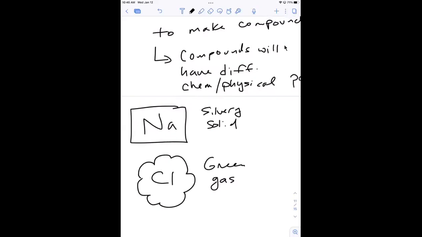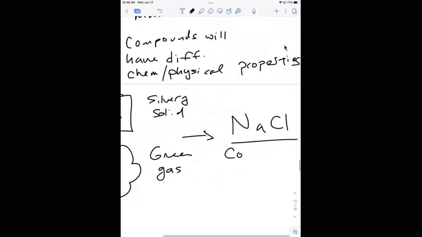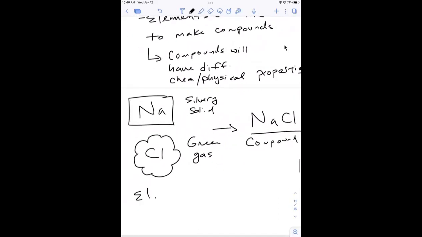This is not a compound. These are two separate elements. But if I put them together, I get a compound. Right, so elements combine to give us compounds, and the compounds can be broken down.